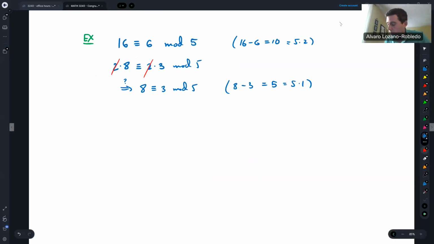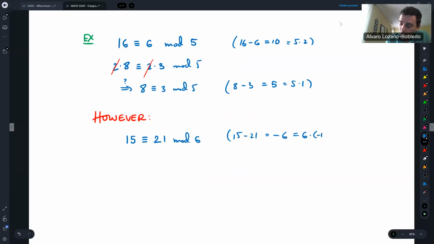However, let me write it big and red here, angry red. However, this doesn't always work. So for example, I can have 15 is congruent to 21 modulo 6. Is that true? Sure, 15 minus 21 is minus 6, which is 6 times minus 1, so it is a multiple of 6, so that is a true congruence. 15 is 3 times 5, and 21 is 3 times 7.